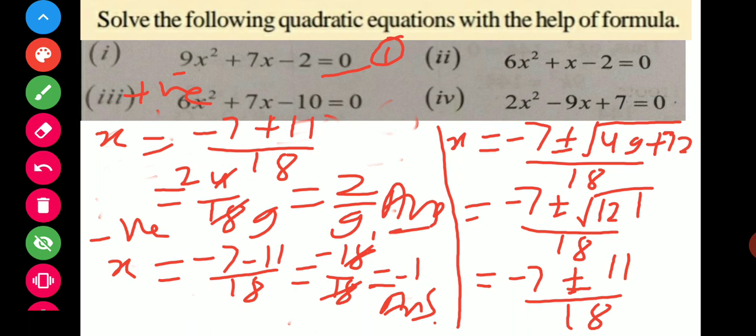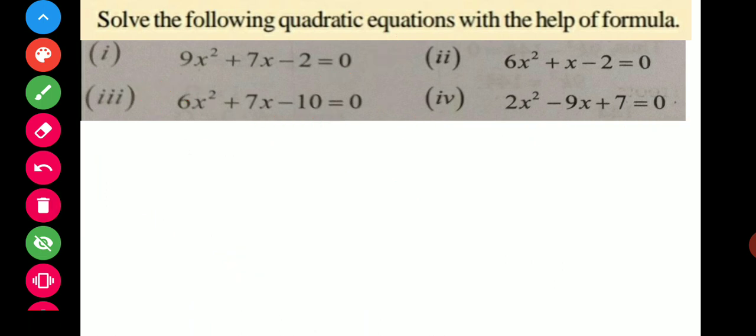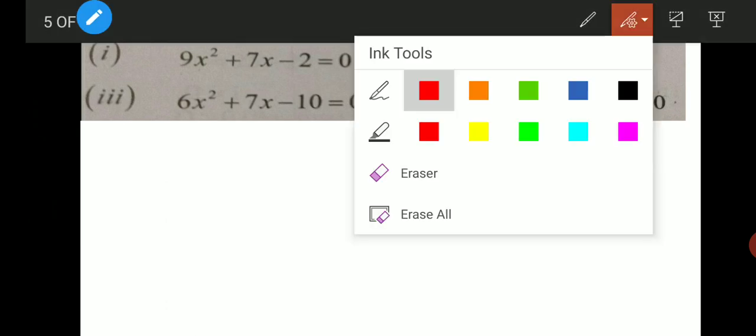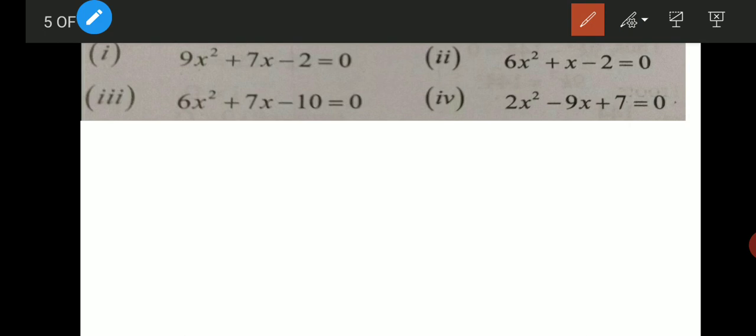So come to this, how can we do this? I want to solve your second question, this question. It is necessary to know how to solve it. It's your first equation. Now write your own equation, that is ax square plus bx plus c equal to 0.